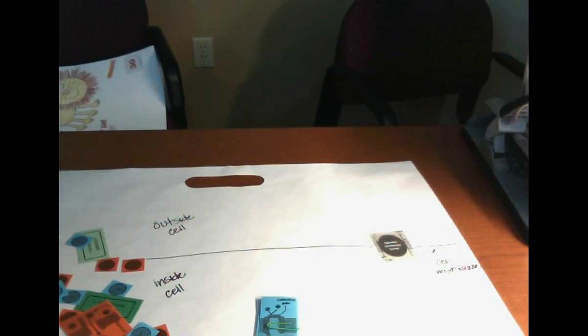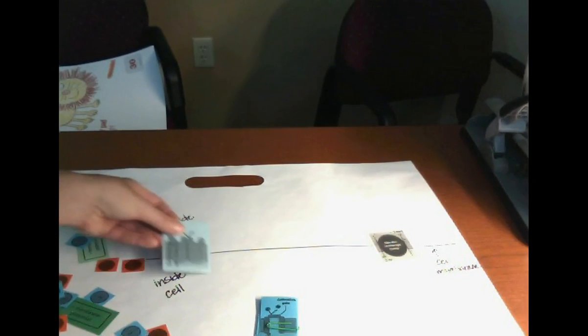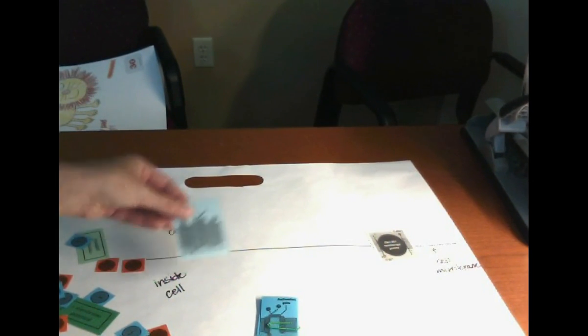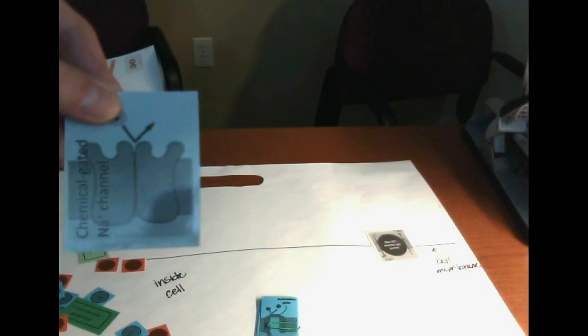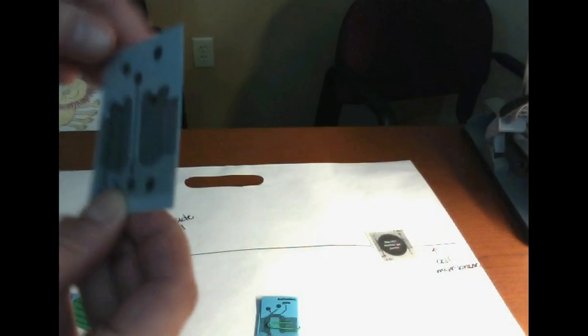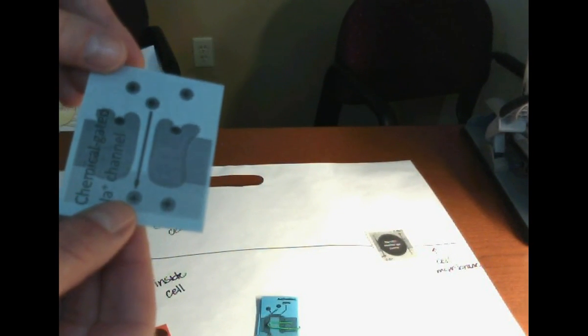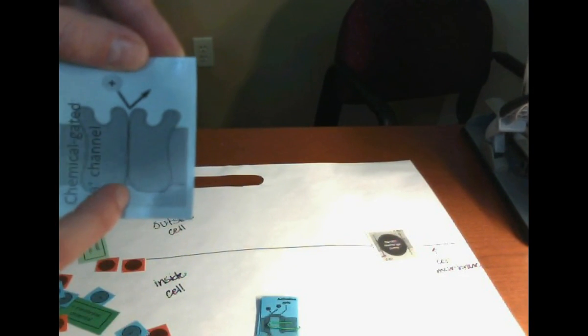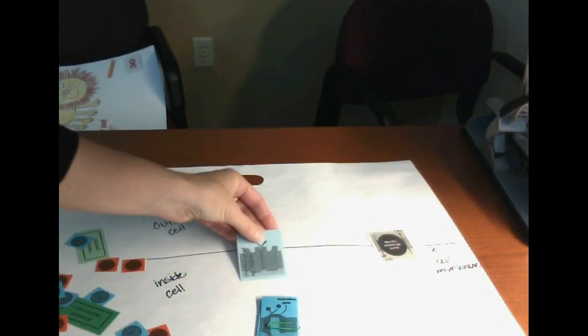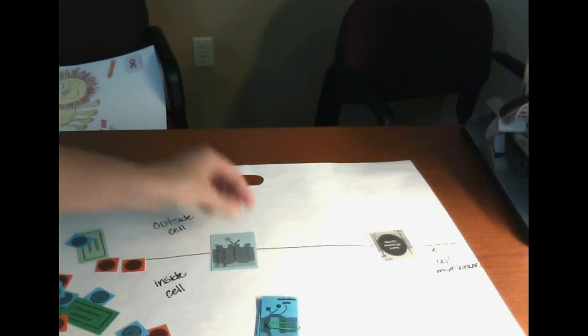But this time let's add some different channels. Let's add the chemical gated sodium channel, and you may notice that here this channel is closed. I've printed it out so that it has two sides to it, but here notice it's closed, nothing can get through. So we're putting that down here.